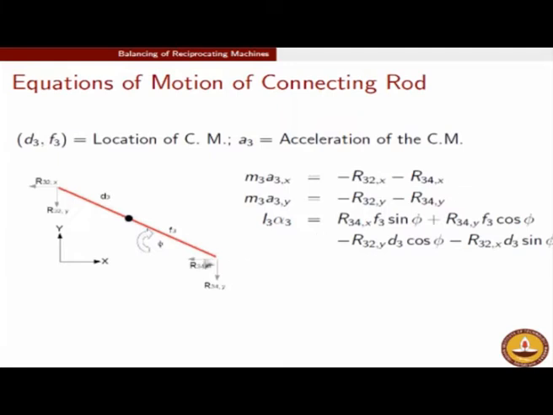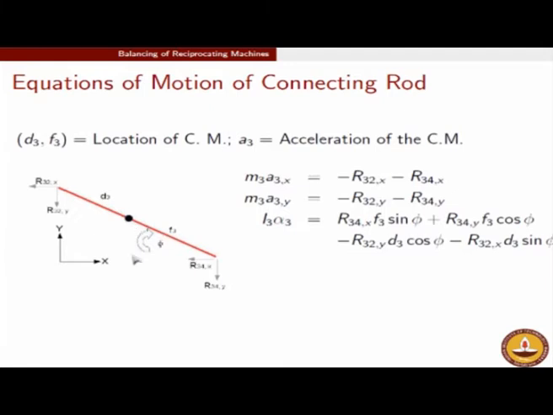So therefore R34,x is going to create a positive moment which is along this direction. So this is going to create a clockwise moment because the direction of phi is as indicated in this diagram. So I3 alpha 3 is clockwise positive, alpha 2 was counterclockwise, but this is clockwise. So therefore the moment arm corresponding to R34,x is going to be F3 sin phi.